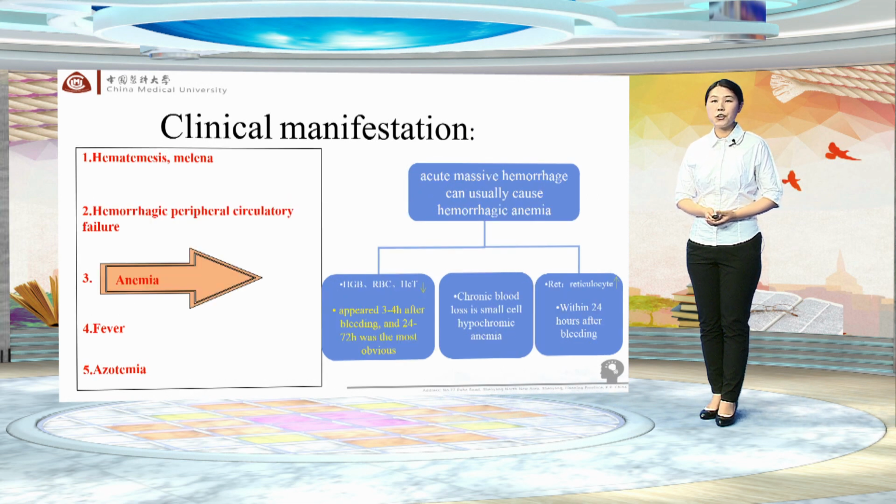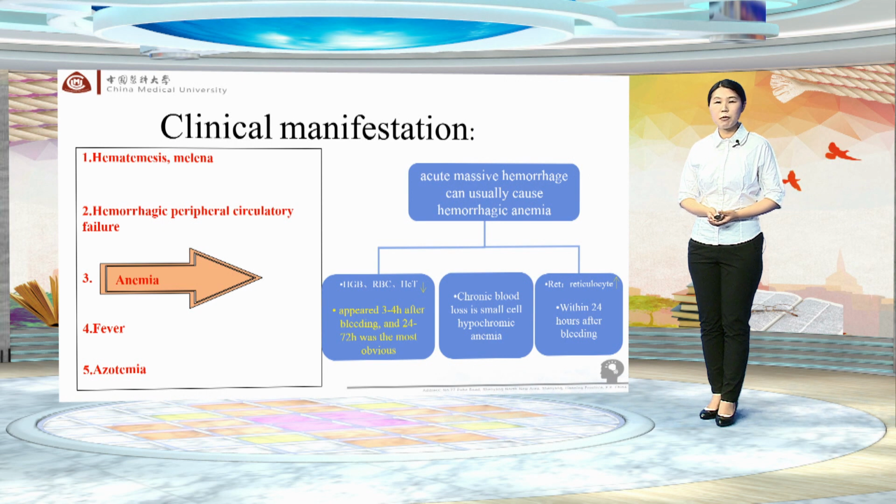UGH patients usually have anemia too. Acute massive hemorrhage will be accompanied by hemorrhagic anemia, but it is not obvious in the early stage of hemorrhage. Anemia will appear after about 3 to 4 hours, and is most obvious at 24 to 72 hours.